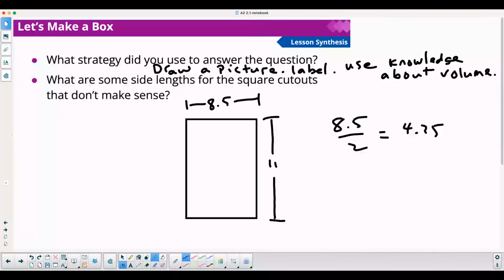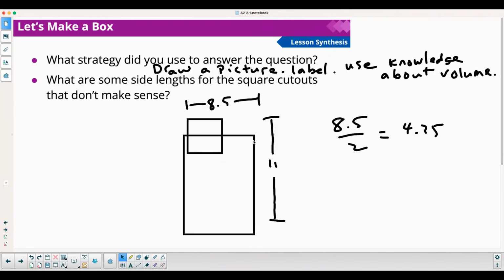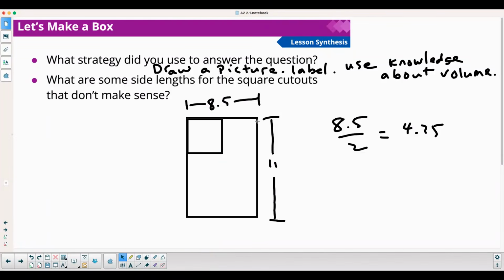I can't make a square that's bigger than 4.25 because, if my square here is 4.25 and I cut them, there's not going to be any box left to fold up. I'm going to cut it right there, and there won't be a side left on that piece to make a box.